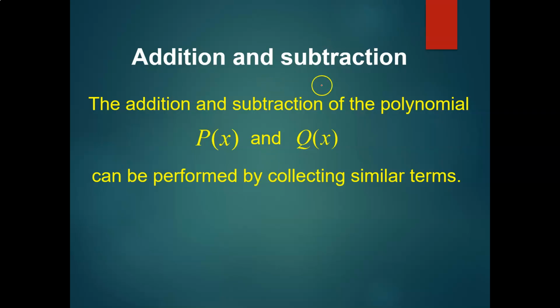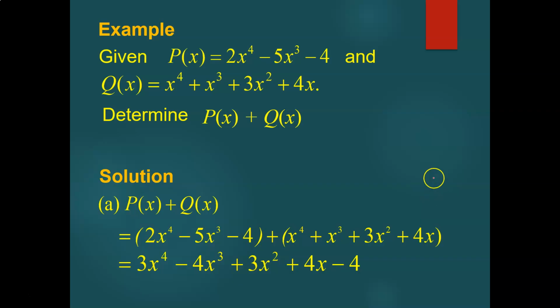So, the addition and subtraction of the polynomials px and qx. Okay, let's say you have 2 polynomials, px, the other one is qx. It can be performed by collecting similar terms. Maksudnya, you kumpulkan term yang sama dalam polynomial tu. Contoh, for example, we have this polynomial px, 2x to the power 4 minus 5x cubed minus 4.